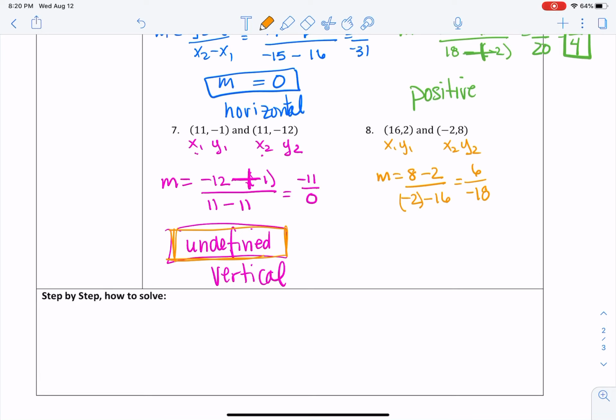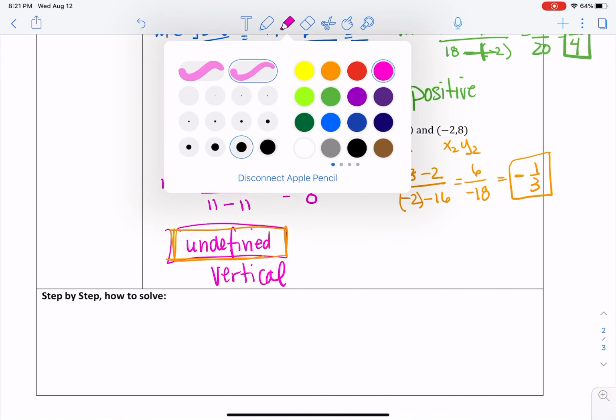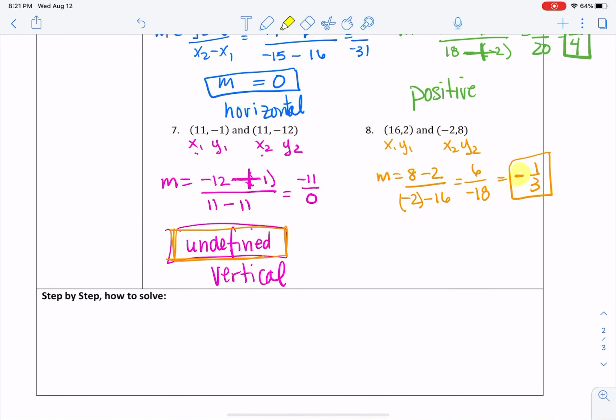We put on the negative because that's where it starts, because the denominator is negative, but now the whole fraction is written negative. I can divide both those numbers by 6 so that I end up with negative 1 over 3. Because of this negative right here, that's how I know that my fraction or my slope is negative.